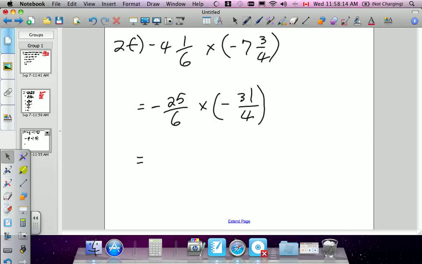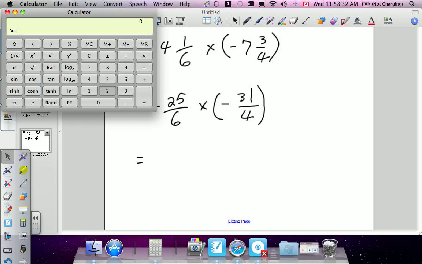So I can write the positive sign in, but we know it doesn't really matter. If I just leave it blank, it's assumed the number is positive. You can if you like. We're going to multiply 25 times 31. I can't even do that in my head. There we go. 775.